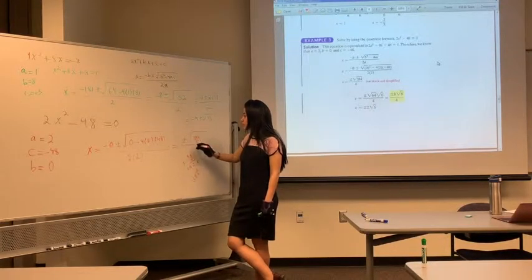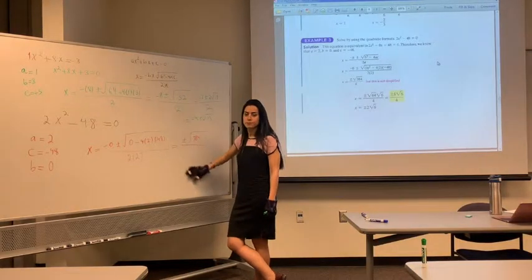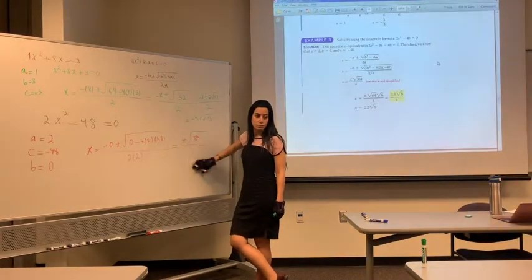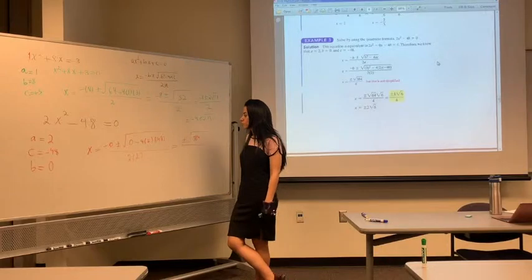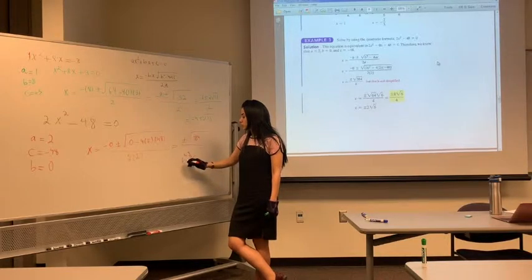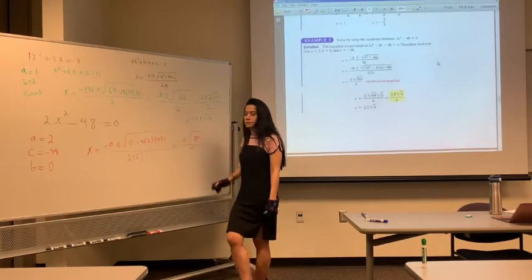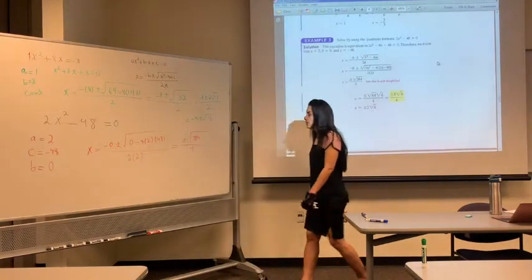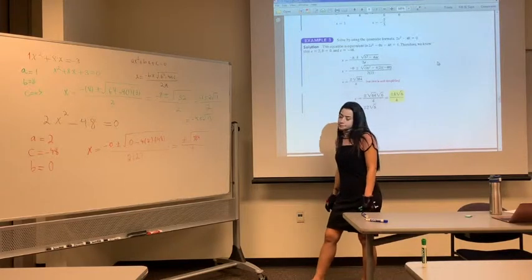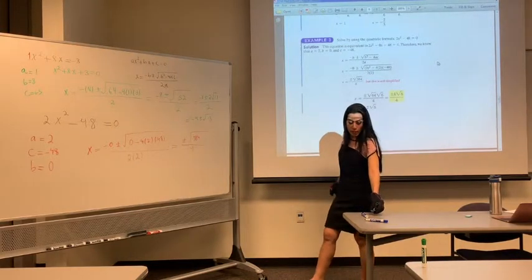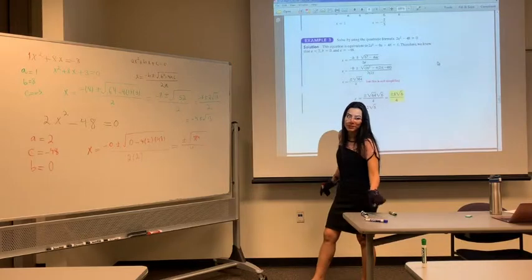Am I right? 384? 48 times 4. Oh, actually, 48 multiplied. Isn't it negative? Positive. Right? Yeah. Well, why did we do that? Because we want to simplify this.